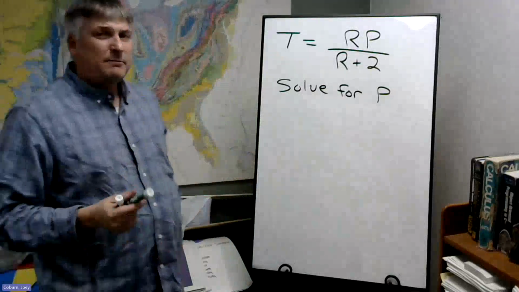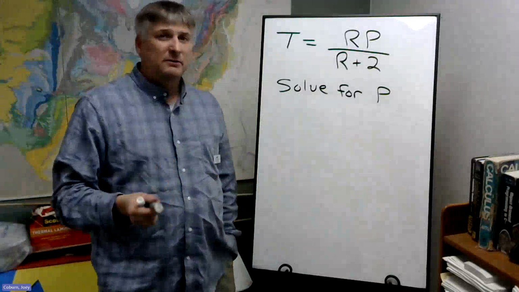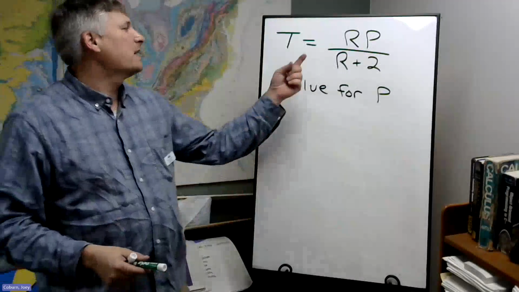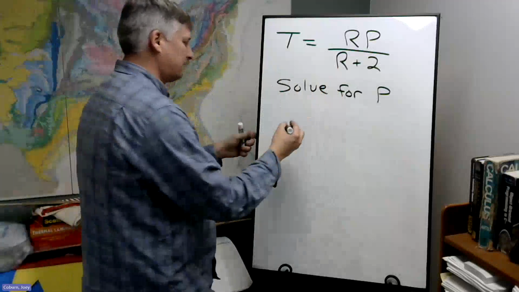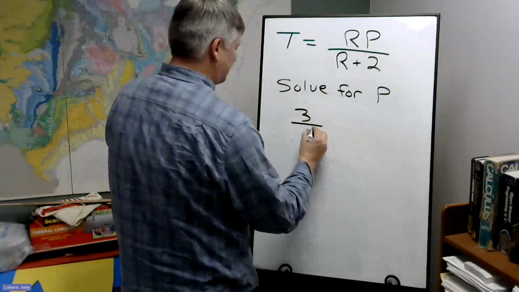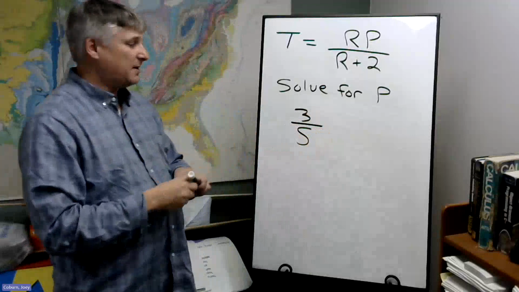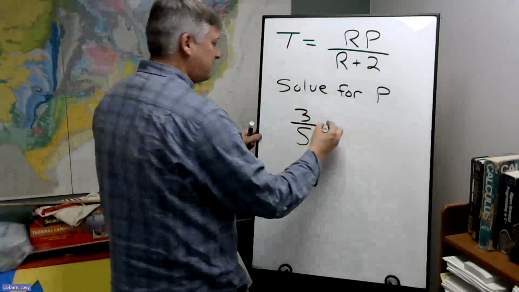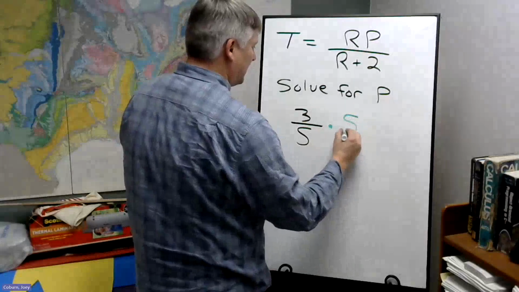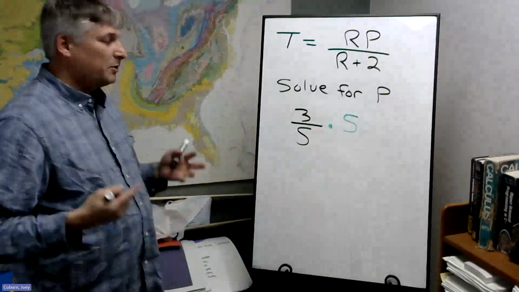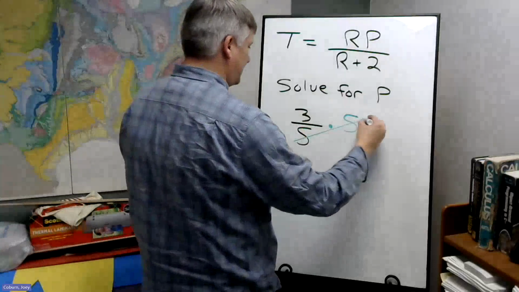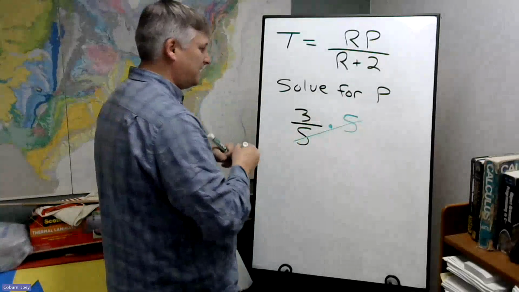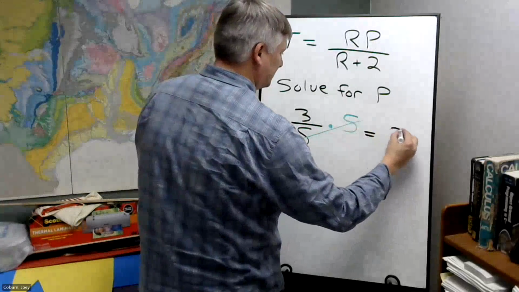So the one thing we want to do here is get rid of fractions, and that means we want to cancel the denominator. With fractions, to cancel the denominator, if you have 3/5 and then let's say we multiply by 5, when you have a number repeated top and bottom, they cancel, and this will just leave 3.